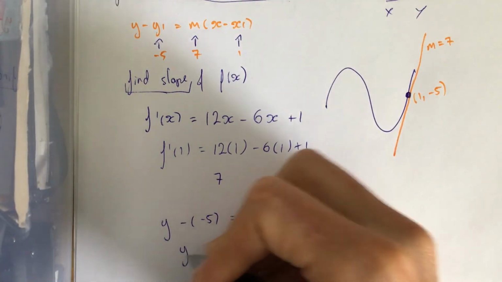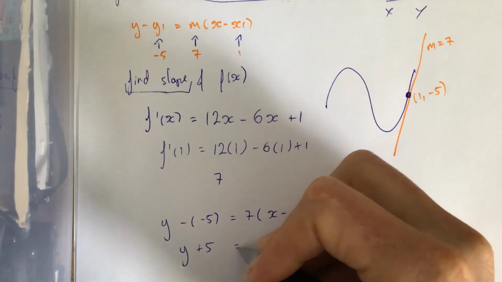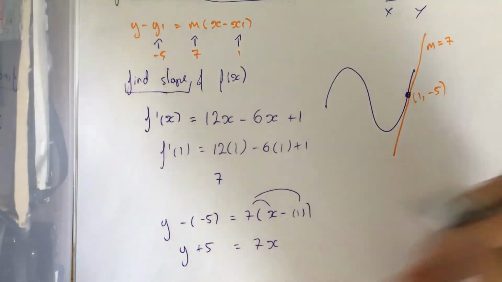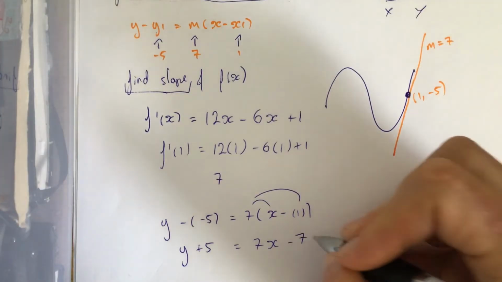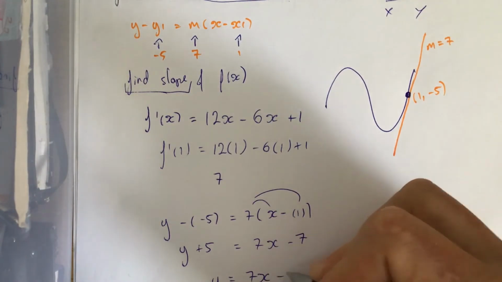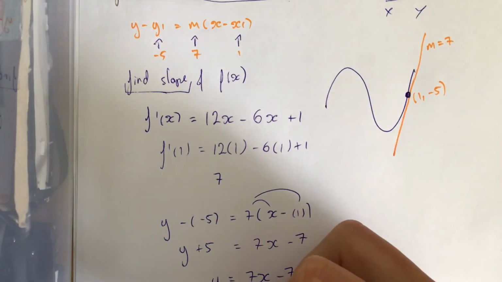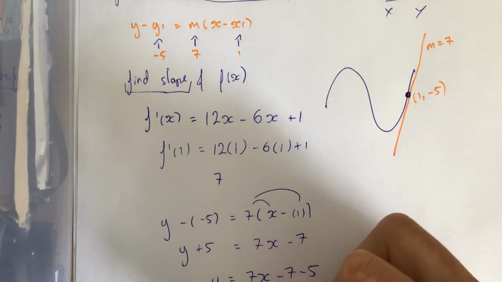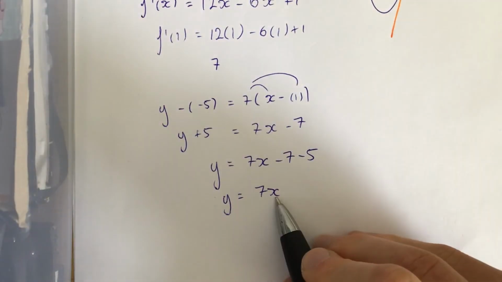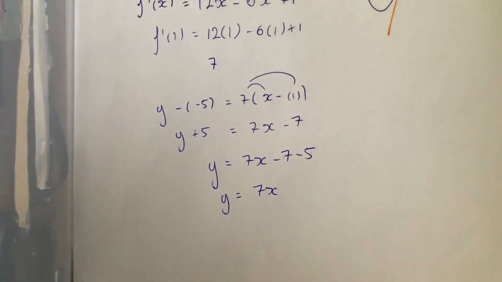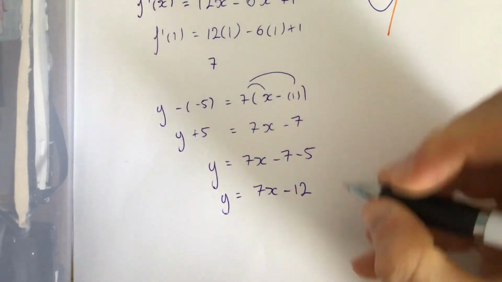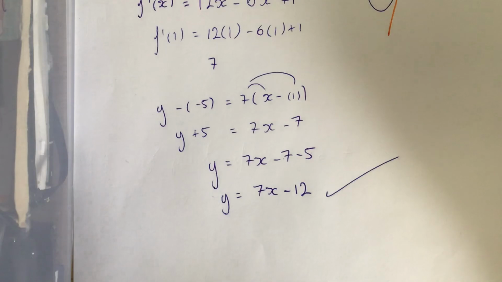So that would be y plus 5 equals 7x, 7 times minus 1, minus 7. And we'll just put that in the form y equals mx plus c. So that would be y equals 7x, and then minus 7 minus 5. There we go, y equals 7x, minus 7 minus 5 is going to give us minus 12. And that would be your answer.